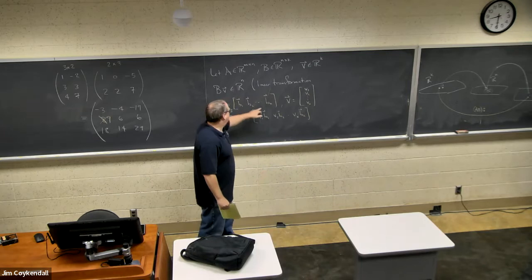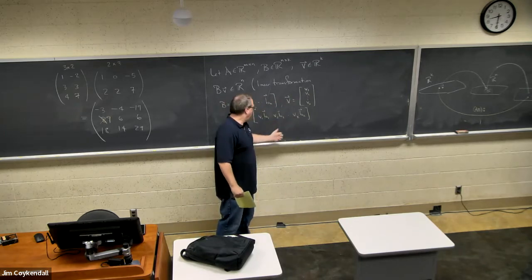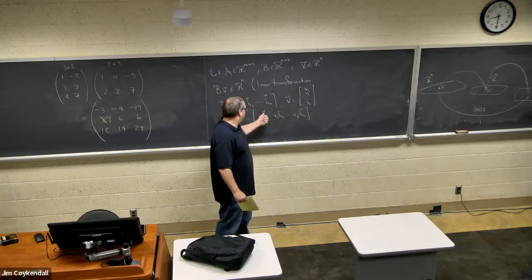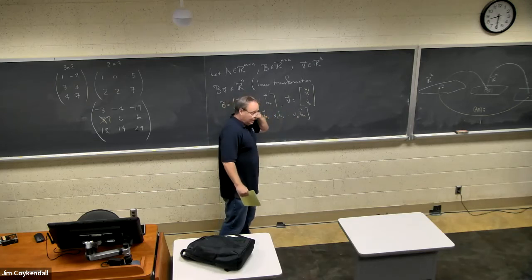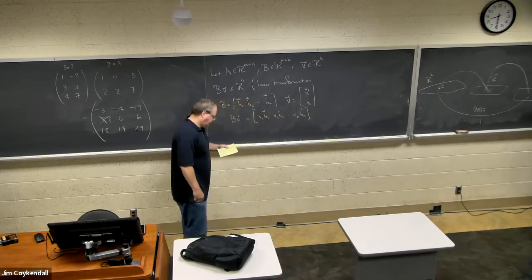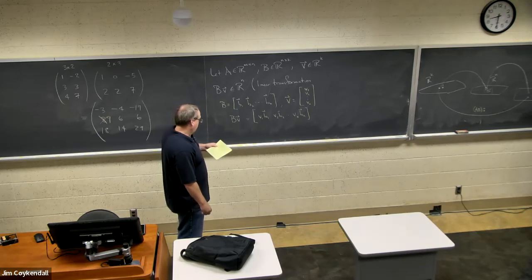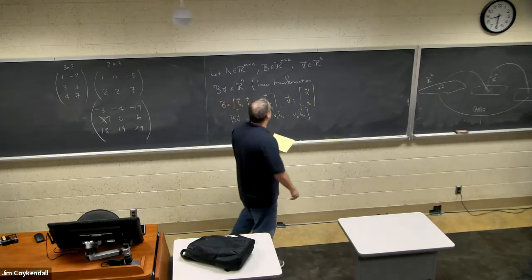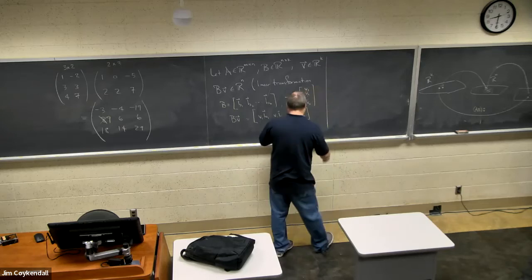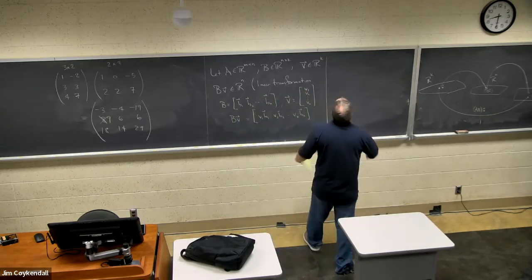So when I apply these columns to this vector, this is the way we multiply. So now I've got Bv, which again has k columns. Now, what we can do is apply A.